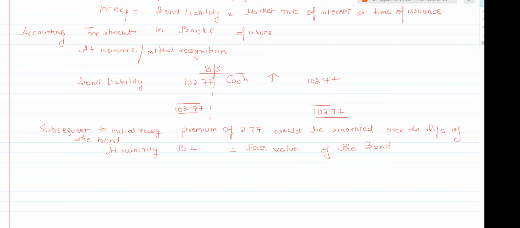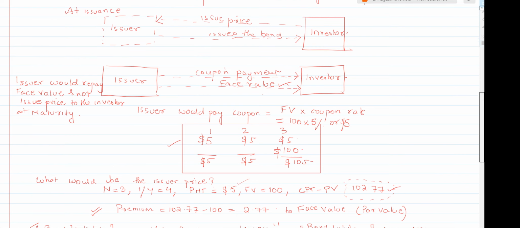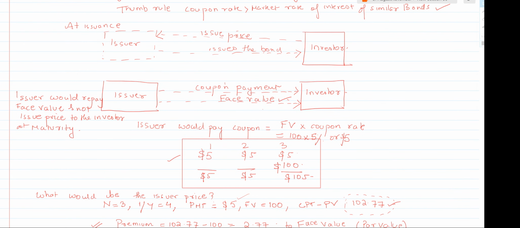Because, guys, we had discussed that at maturity of the bond, the issuer is liable to pay the face value of the bond to the investor, right? He's not liable to pay anything else.